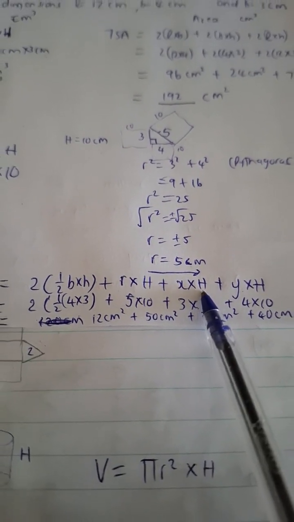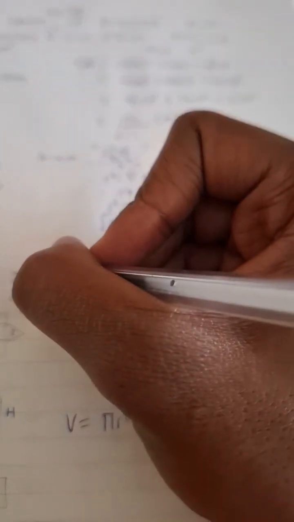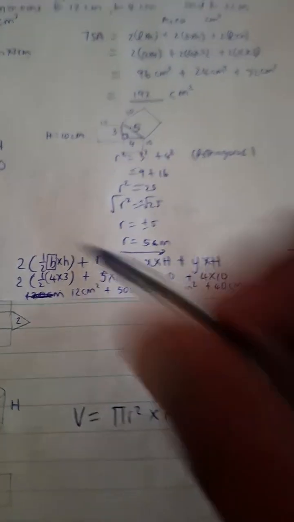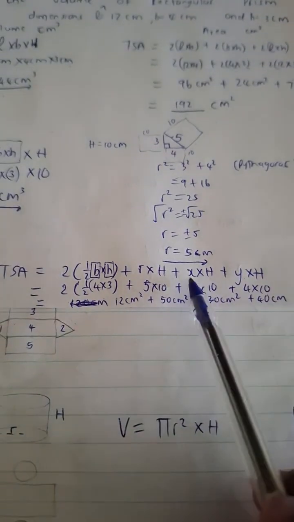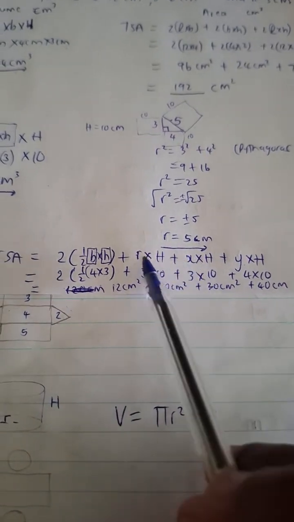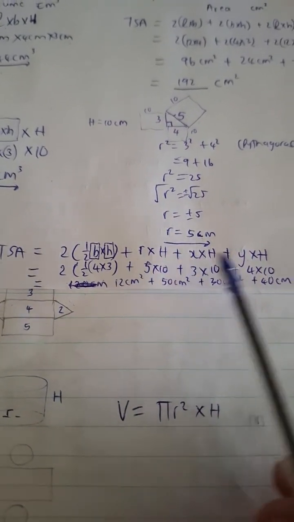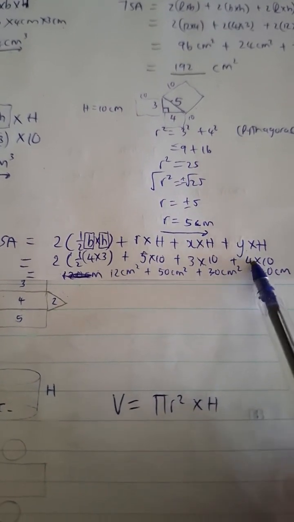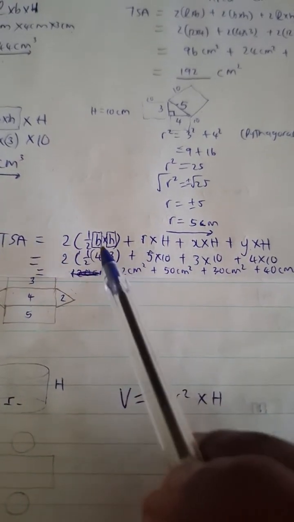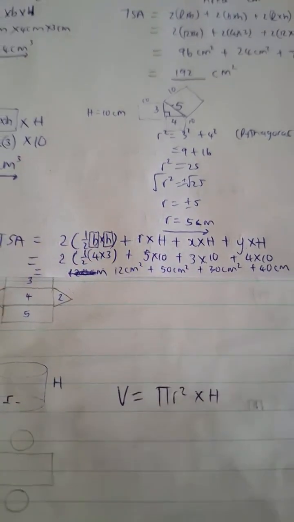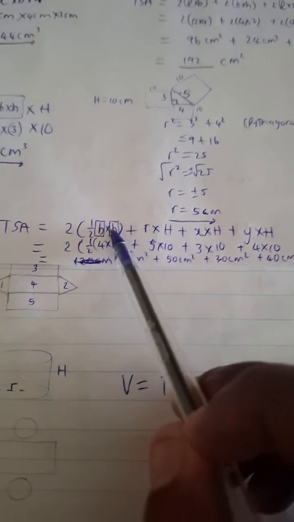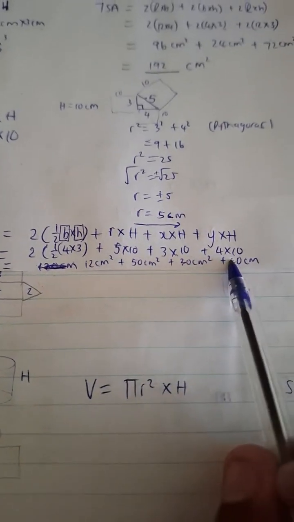And it would bear reasoning that this B that I used here and this H that I used there are actually independently the X and the Y. The 3, which is X, and the 4, which is Y, I've substituted in the place of B and H. So I can actually say half times X times Y, just to be consistent.